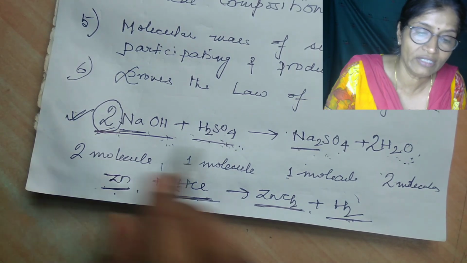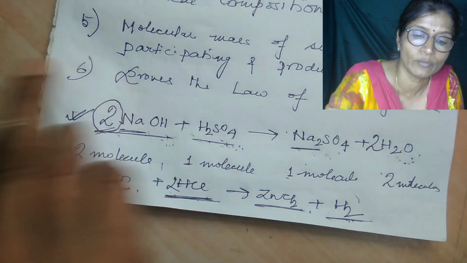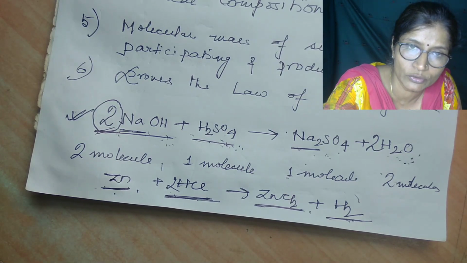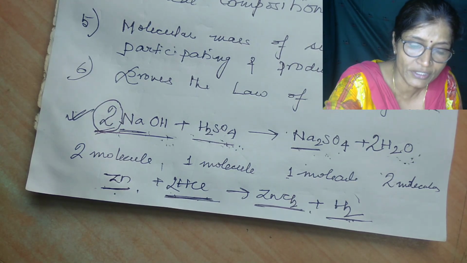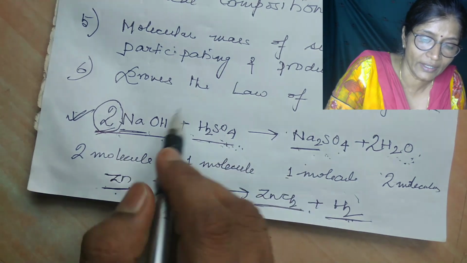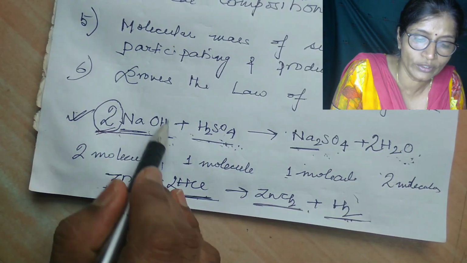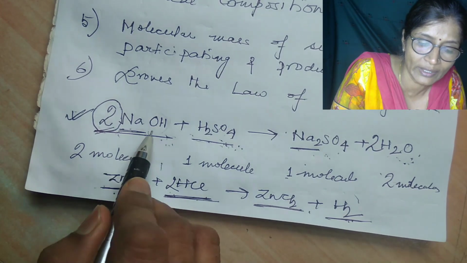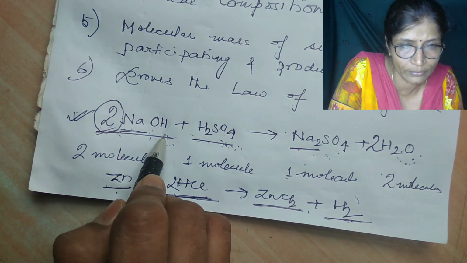Now we can even know about the chemical composition of the molecule. It means I can know that in sodium hydroxide, one molecule consists of 1 atom of sodium, 1 atom of oxygen and 1 atom of hydrogen.